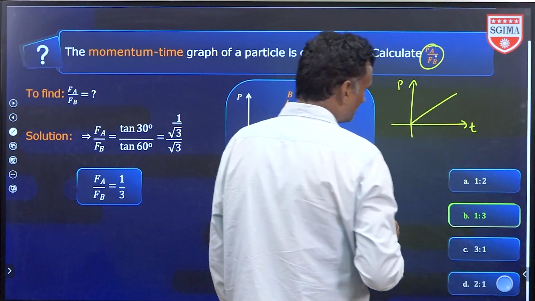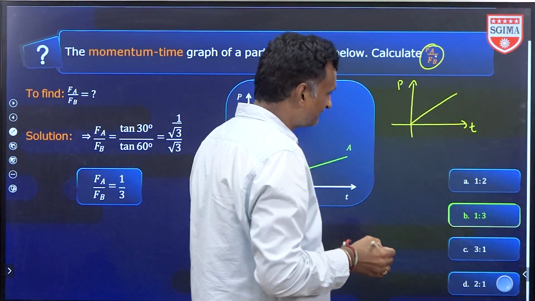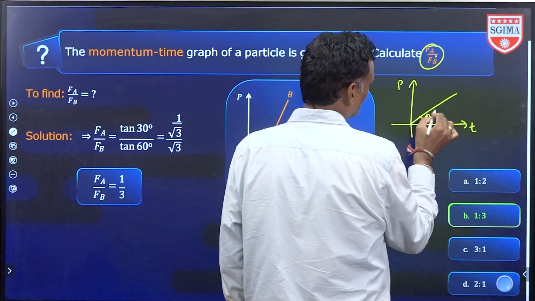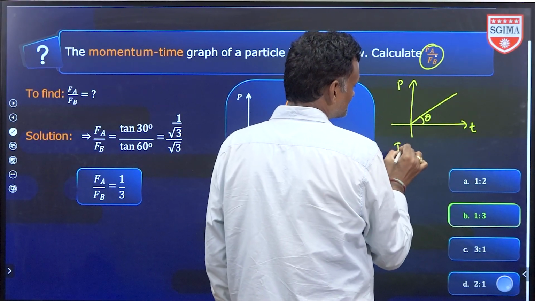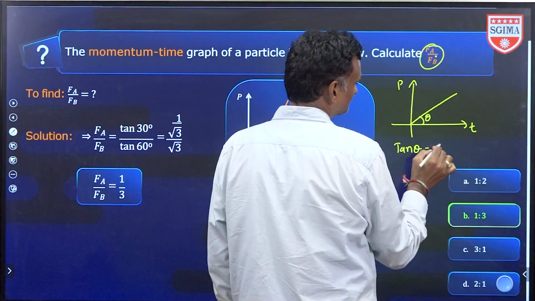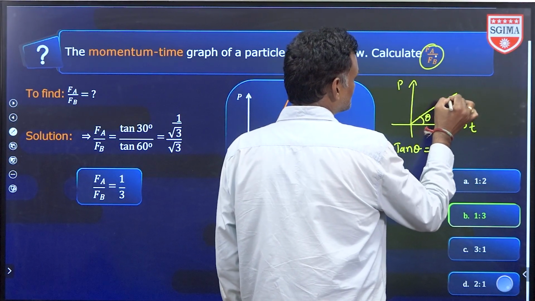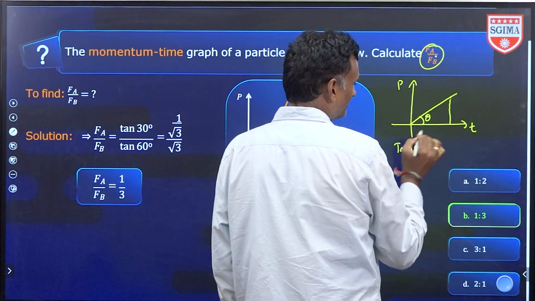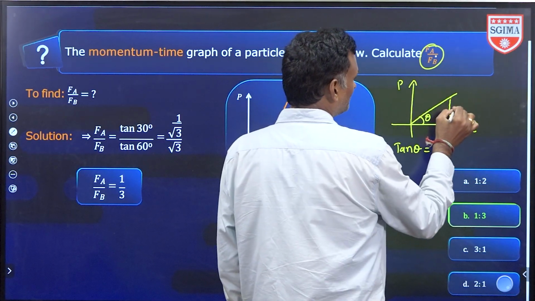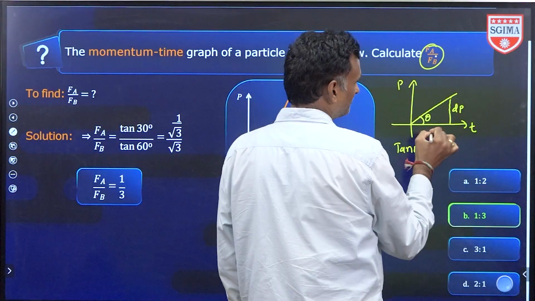If I draw a graph like a straight line, suppose I take an angle theta. Tan theta generally explains the slope. Tan theta corresponds to the opposite side over the adjacent side. The opposite side involves dp, the change in momentum.